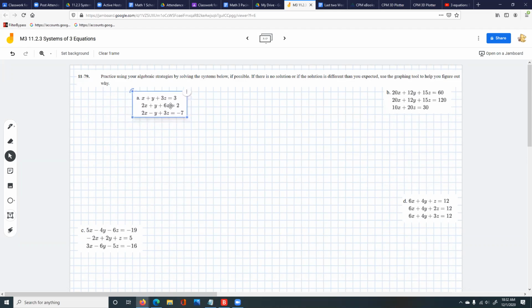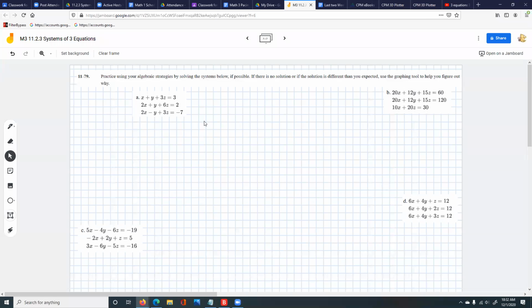Okay, so I'm going to start with A here. Look at the X's, look at the Y's, look at the Z's. You guys tell me which variable is easier to eliminate if I add these equations together. Will the X's go away, the Y's, or the Z's? The Y. Again, this one is a Y, right?